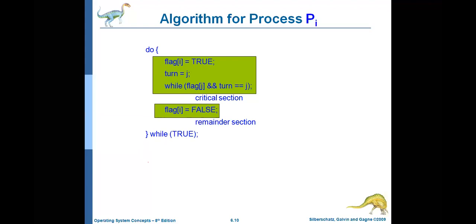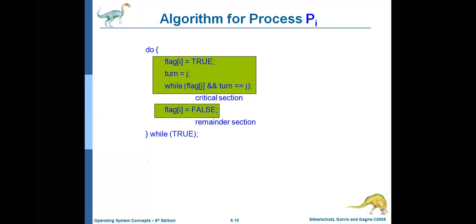That means if it is process I's turn, turn equal to I, and it also wishes to enter into the critical section, it needs to set flag of I equal to true. If these two are okay, then only the process is allowed to enter into the critical section. And when it comes out of the critical section, it needs to set it to false.